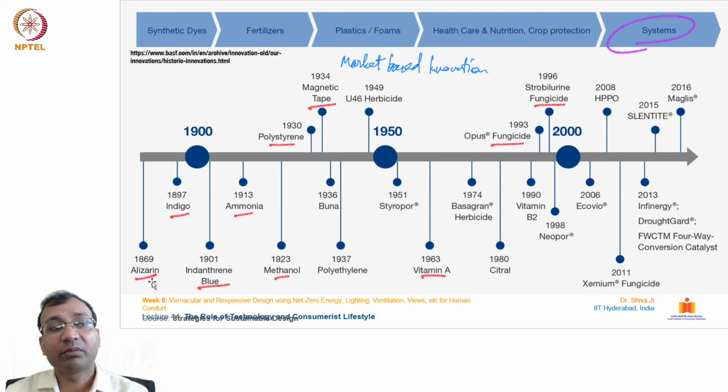So starting from alizarin, then indigo, this dye was created by this company. Then an improved version of this color was launched later on. Then ammonia, then methanol was also invented by this company. Polystyrene, magnetic tapes, and vitamin A, fungicides and several other things.